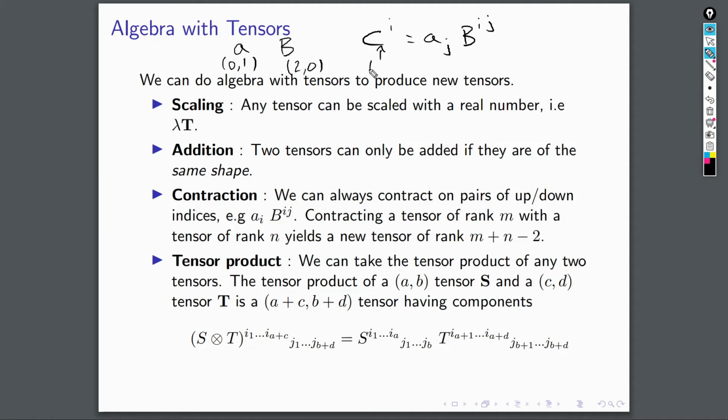This guy is also a tensor, and it has shape 1, 0, because it has 1 up index.